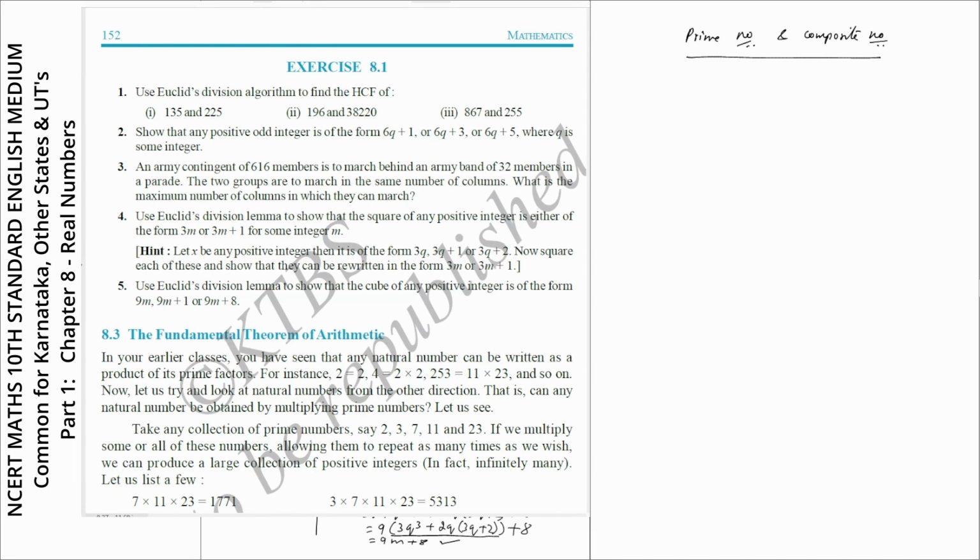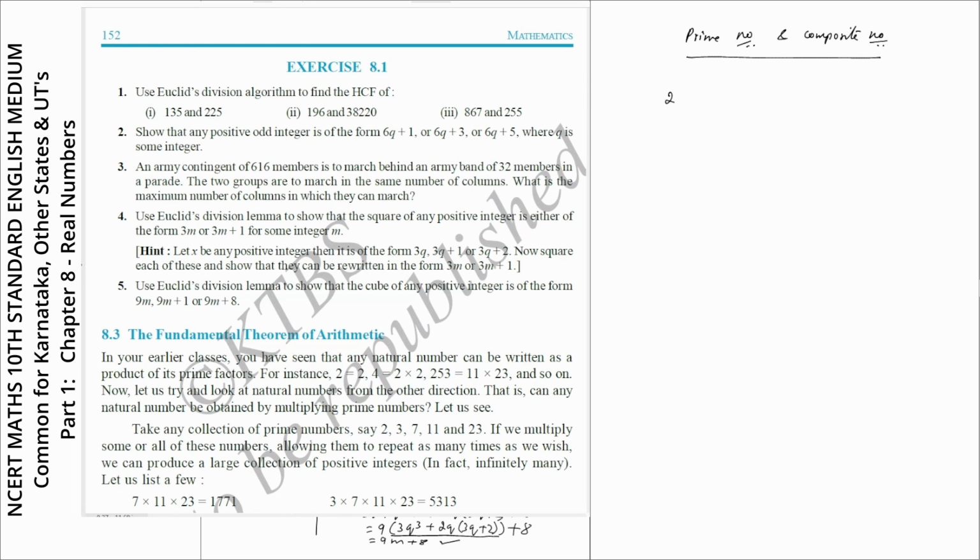Before going to the next topic, let us see what are prime numbers and composite numbers. This one you already have an idea of, you have studied this in previous classes, and let us make a recap of it. Now what are the factors of 2?